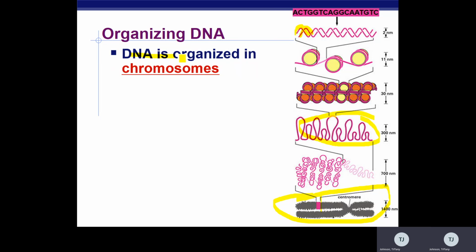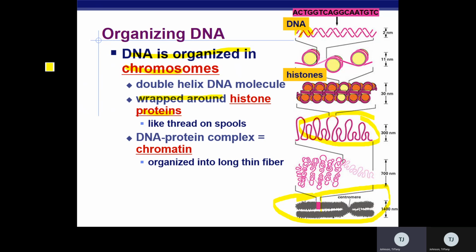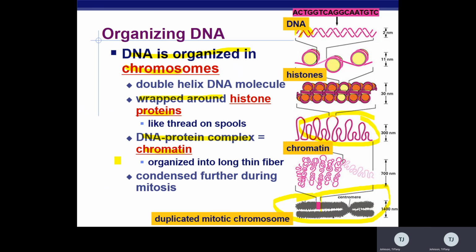Okay, so DNA is organized into chromosomes, wrapped around proteins. That DNA plus protein complex is called the chromatin. And then it gets condensed further. And at that point, we call it a chromosome.